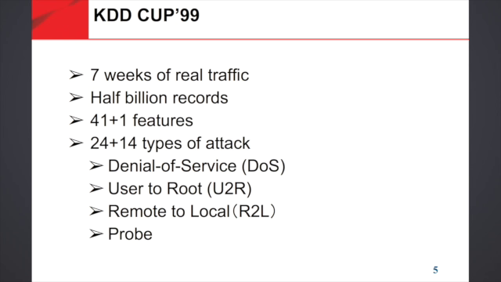It contains 500 million records, and the features are also very good. There are 42 features, and it contains not only normal traffic, but also denial of service (DoS), user to root (U2R), remote to local (R2L), and probe attacks.